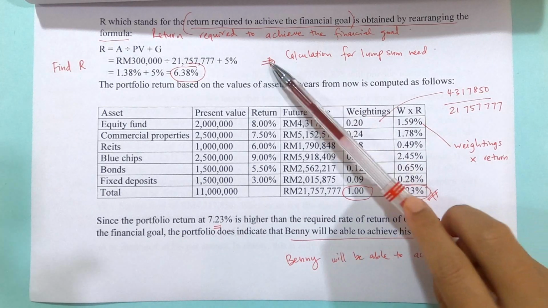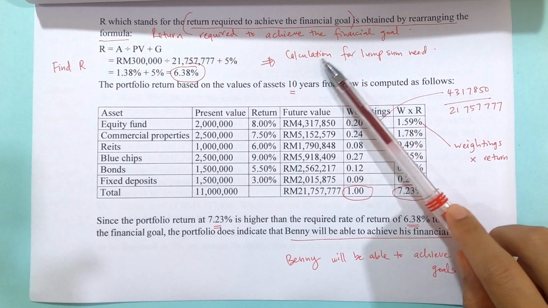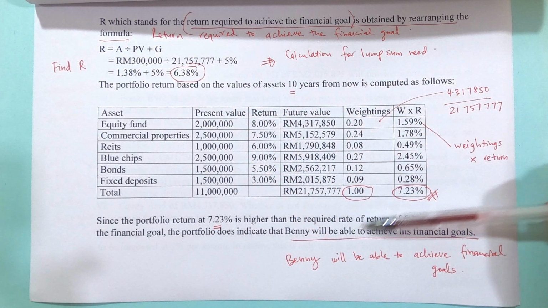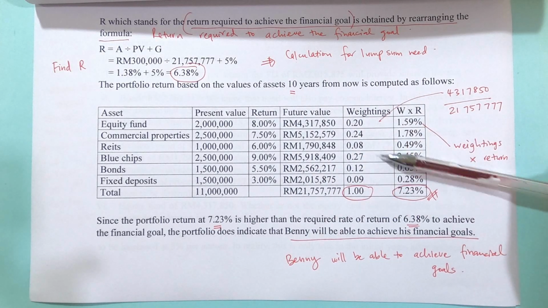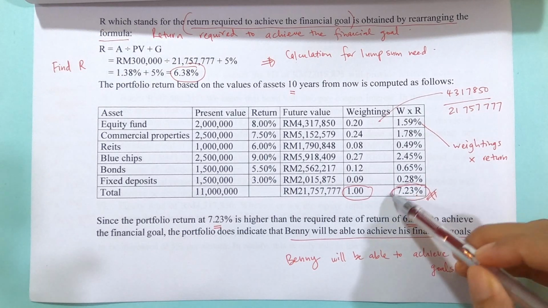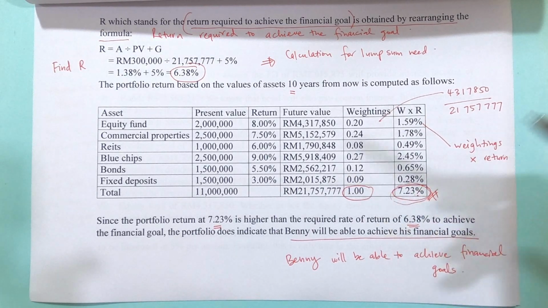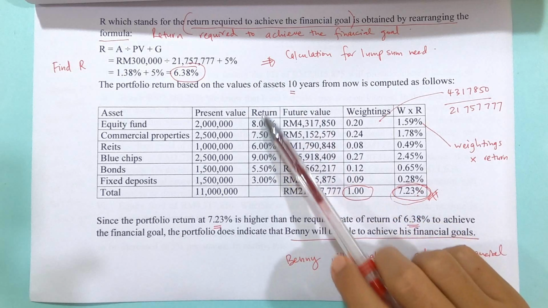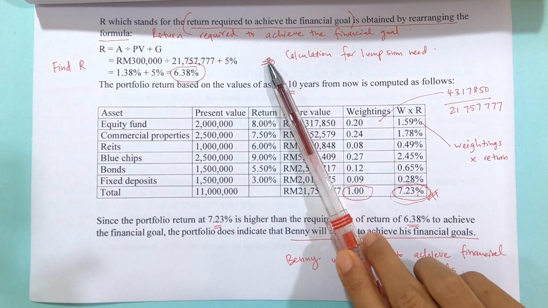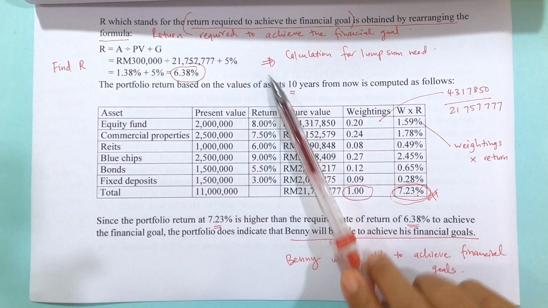So the required rate of return that Benny needs is 6.38, but if we calculate the return from the portfolio, it is 7.23, which means the return provided by the portfolio is higher than the required rate of return for Benny to achieve the financial goal of capital conservation.